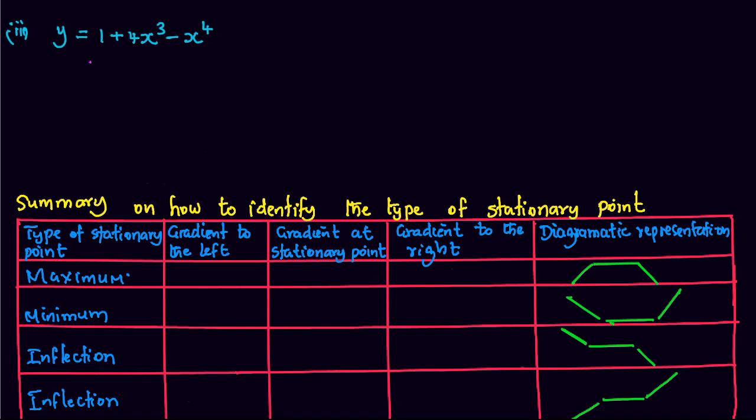Dy over dx is equal to 12x squared minus 4x cubed. At turning point, dy dx is equal to 0.